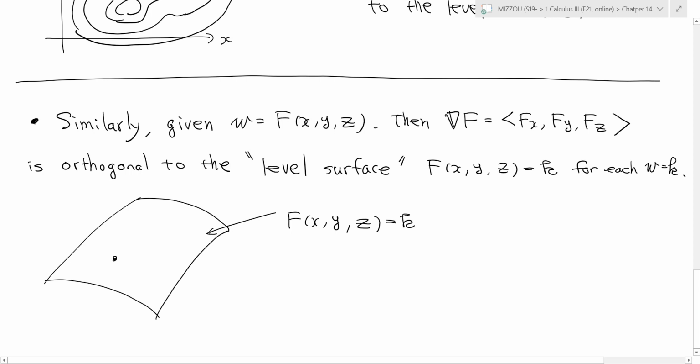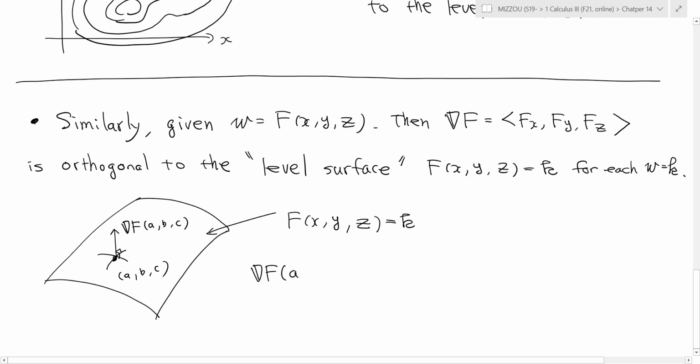And then if you pick some particular point a, b, c on the surface, and compute the gradient of big F and plug in a, b, c, what you get is a vector perpendicular to this surface.